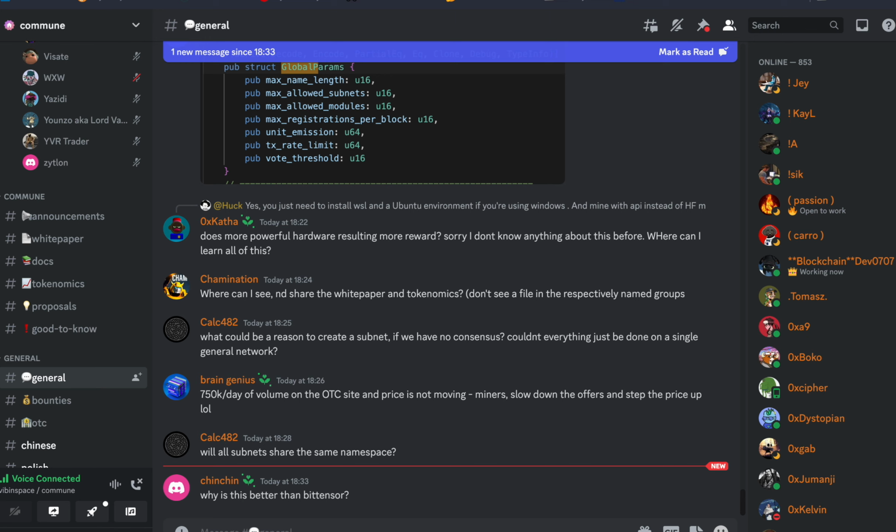Why is it better than BitTensor? Well, for one, Commune was designed to be a superset of all these incentive layers. When I left BitTensor, I felt that they were acting in a specific way, and there are certain aspects where I wanted to promote more generality and more flexibility for the creators.